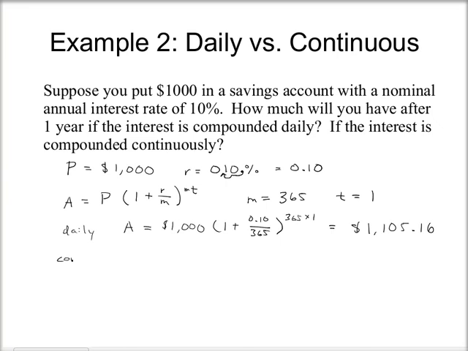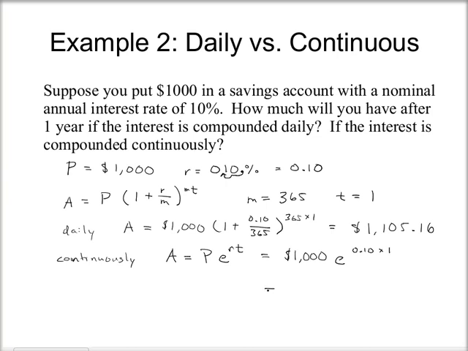What about if my interest is compounded continuously? Well, then my formula is A equals P times e to the power of R times T. And I've already got all those numbers figured out, so my P is $1,000, and then I've got the number e to the power of R, which is 0.10, times T, which is 1.